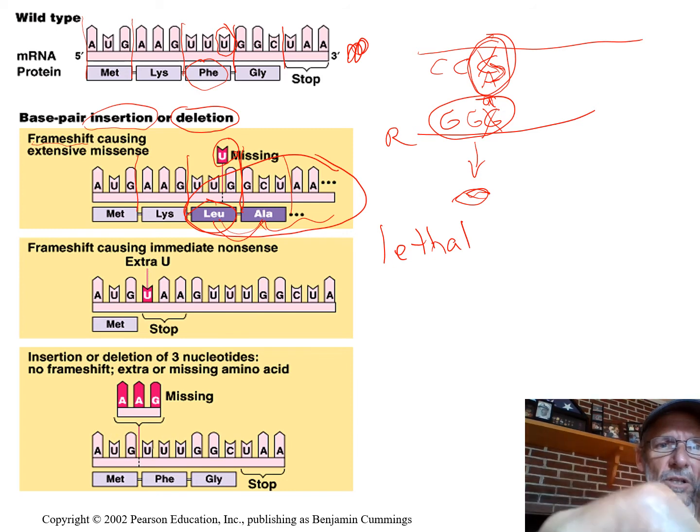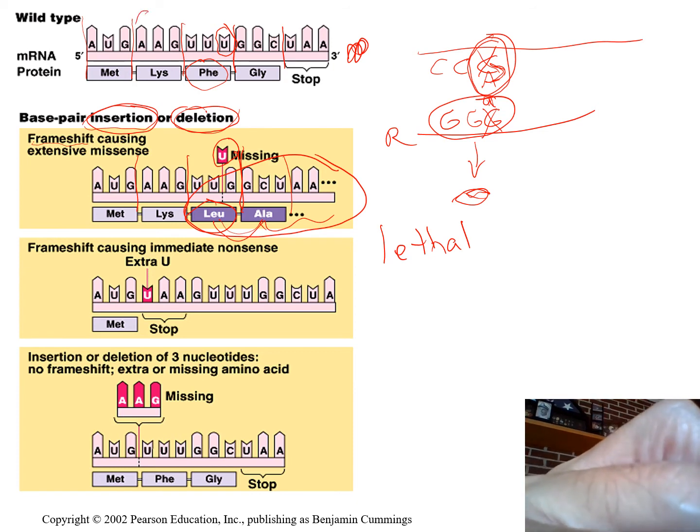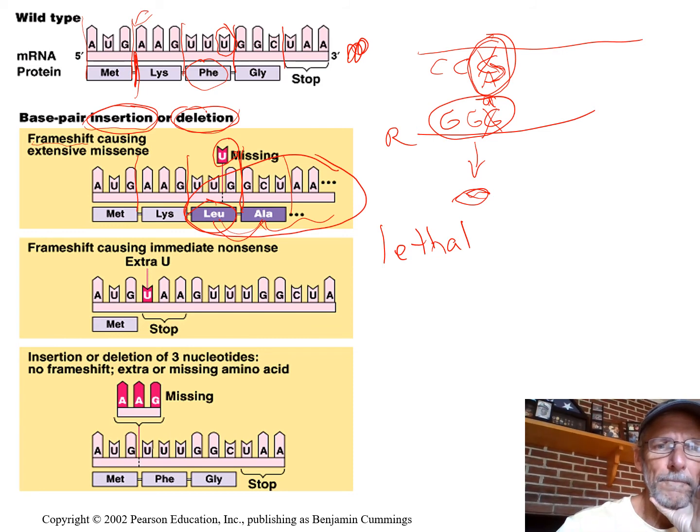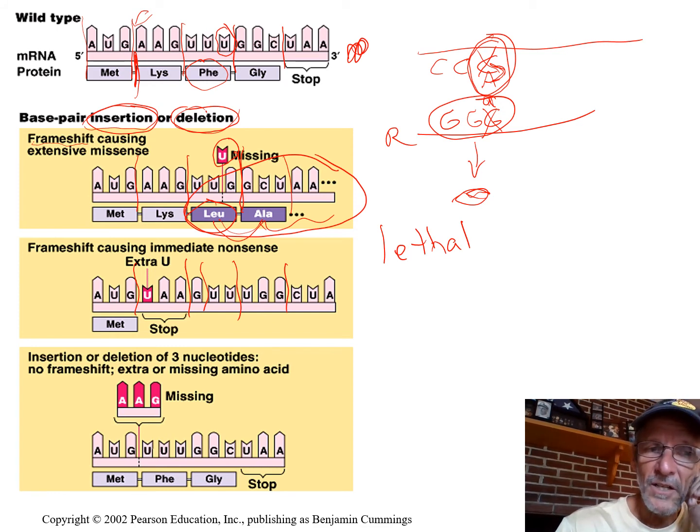So if we insert, instead of delete, a base, they chose to insert a U right here, right after the start codon. Now this is going to change the reading frame also. But in this case, in addition to that, it has created a stop codon way early.